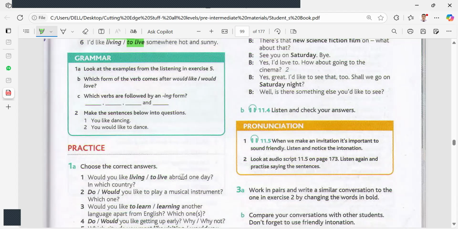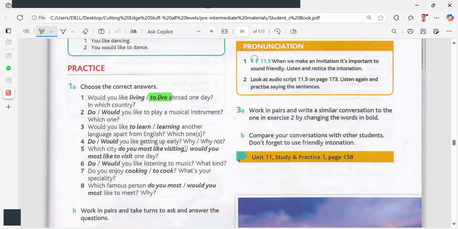Yeah, one day. Would you like to play? Would you like to? Right, next. Would you like to learn another language? Another language, yeah.